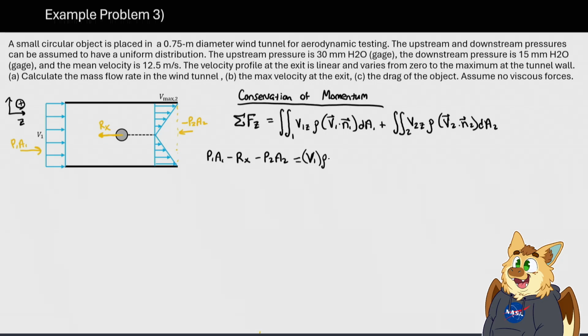We have a density. We have an inflow here, so technically this is going to be negative V1, right? And then times A1. So rewriting this entire term, we would get negative V1 squared times rho times A1. Great.